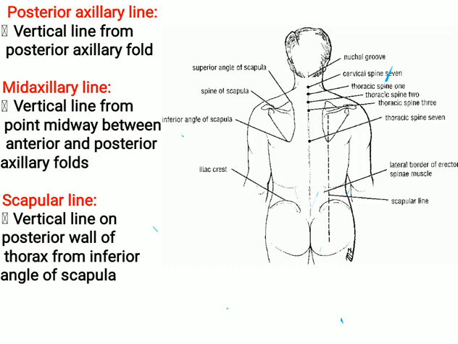The scapular line runs from the inferior angle of each scapula vertically downwards. This is the inferior angle of the scapula. This is also the inferior angle of the scapula. So the scapular line just runs vertically downwards from the inferior angle of the scapula.